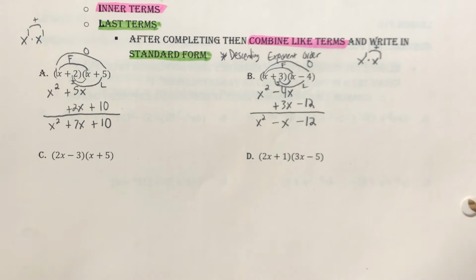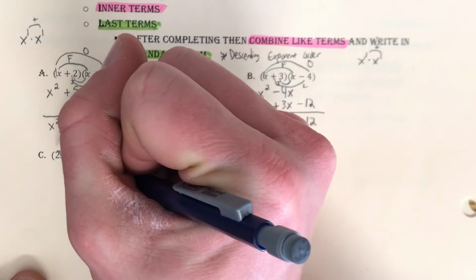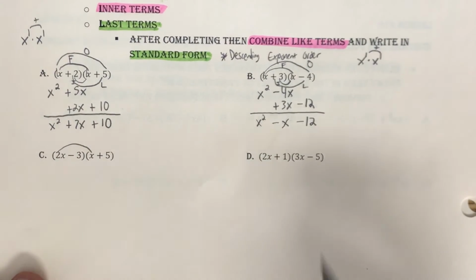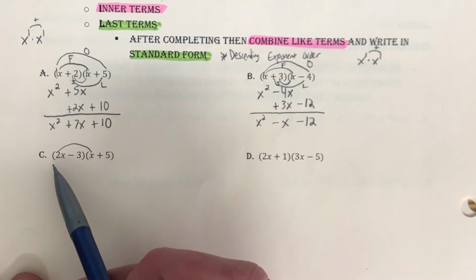So example C, again, using the FOIL method because we have two binomials being multiplied. So we're going to start with the first term, 2x times x. Now this one's a little different because one of them has a coefficient listed. Now remember, both of them actually have a coefficient whether they have it listed or not, because variables always have coefficients in front. This one has a listed coefficient of 2.